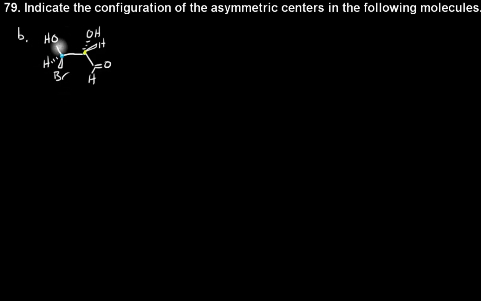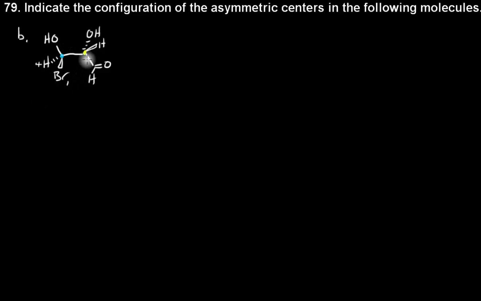So what we'll do is we'll just take one of these at a time, figure out the R and S configuration, and then move on from there. So for the blue, let's just say we have four different groups. It's going to be very easy to say that hydrogen is the lowest priority and the bromine is the highest priority.